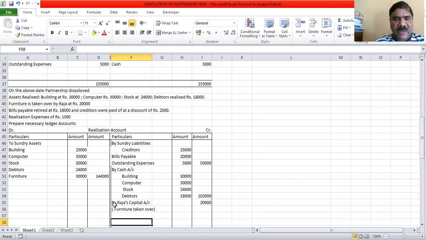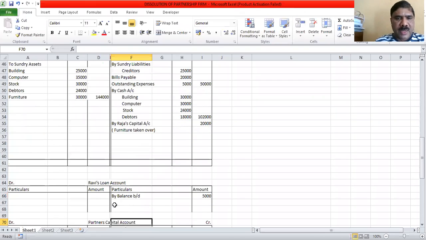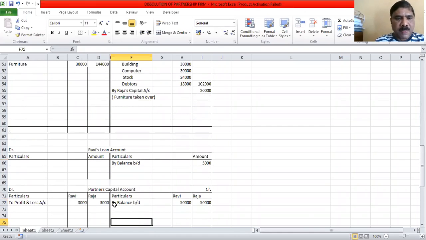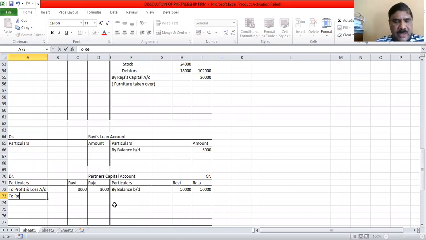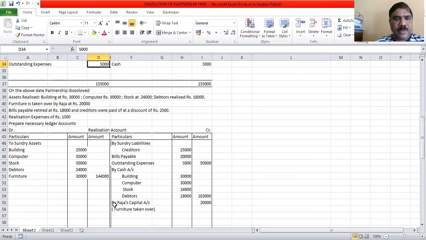And second effect goes to realization account. Partners capital account debit side, to what will you write? Realization account. See the column where you mention Raja's name; don't write in the first column. The second person is Raja's column, you will write 20,000. This is a usual mistake students make.